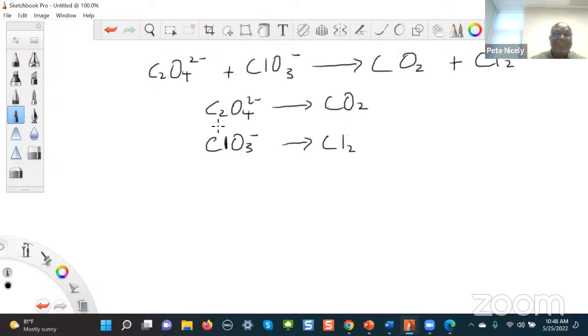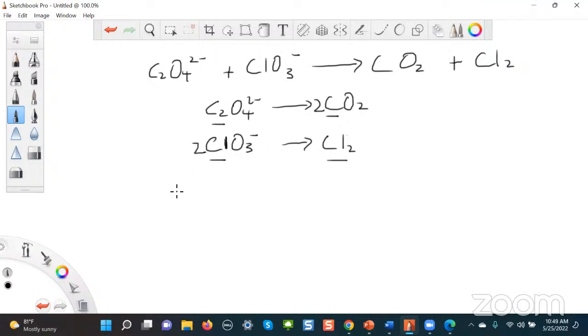Okay, balance the carbons. We have 2 here and we have 1 here, right? So how do we balance the carbons? Do you add a carbon, or do you multiply? Multiply by 2. Okay. And down here, we have 1 chlorine and 2 chlorines here. So we balance the chlorines by putting a 2 there.